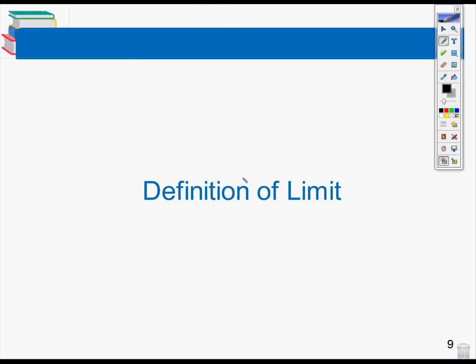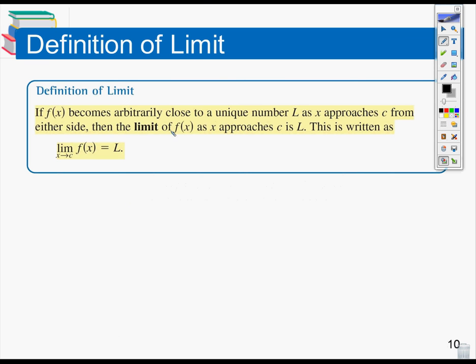Let's actually look at the definition and start looking into it.